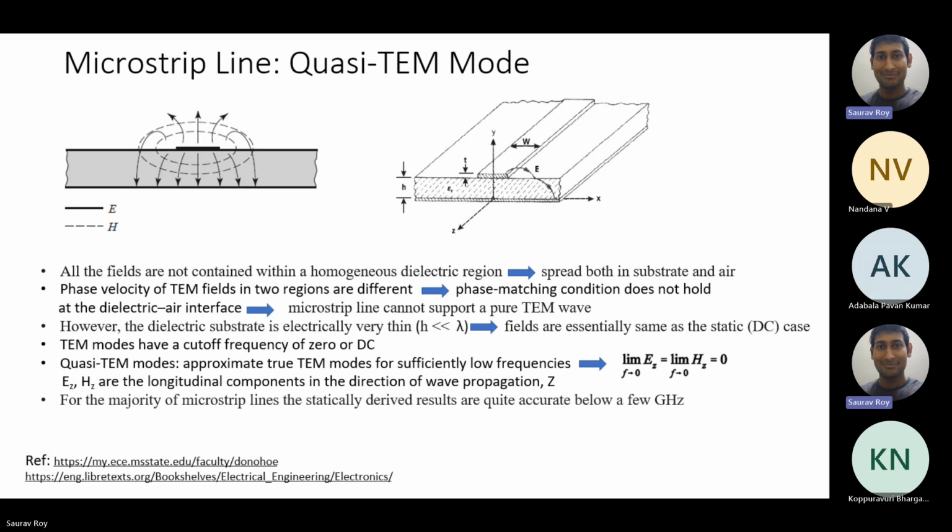So now I would like to ask you a question. Do you remember from your basic electromagnetics, if a wave propagates from one medium to another, what happens at the boundary of these two mediums? Why is phase matching required at the boundary of these two mediums?